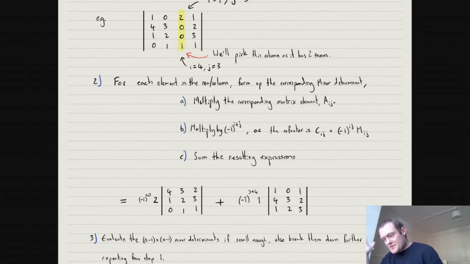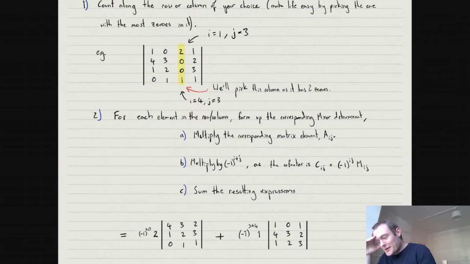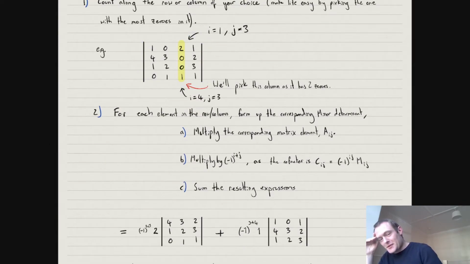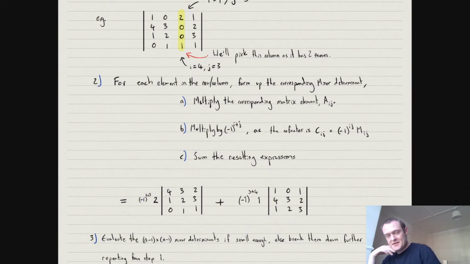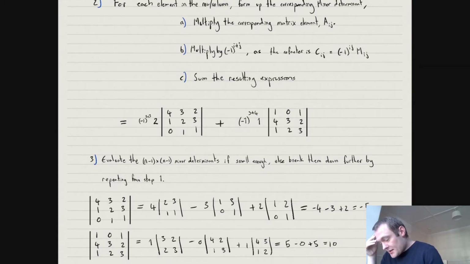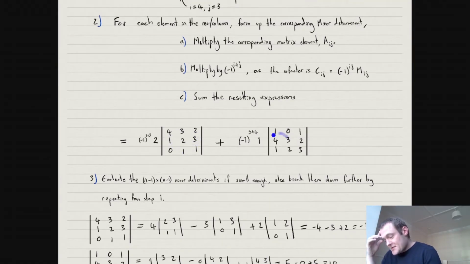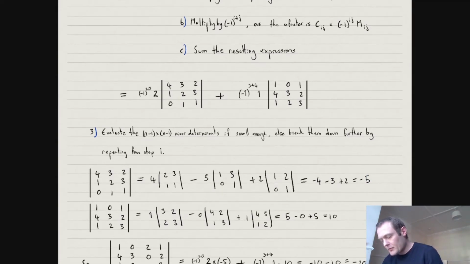And so this is what the method has done. It's taken a 4 by 4 determinant, and it's reduced it down to some 3 by 3 determinants. In principle, you could have 4 of them, but because 2 of these elements vanished, then we reduced it. And so at this point, the determinants are small enough that we know how to calculate 3 by 3 determinants.